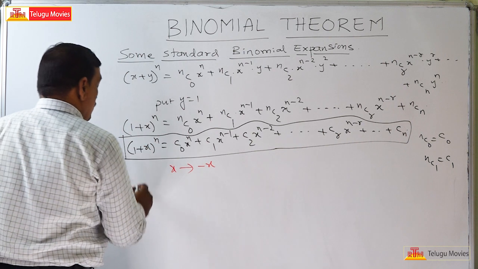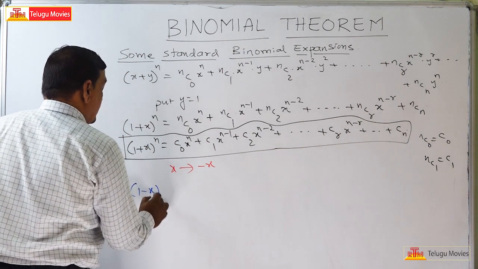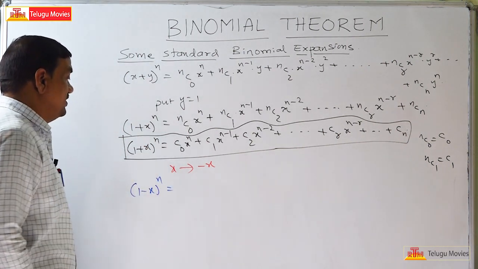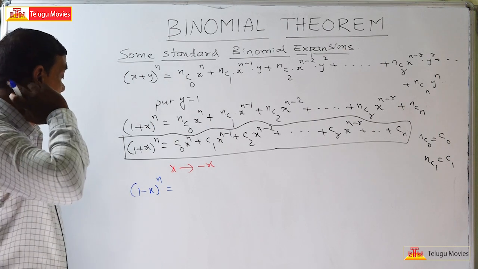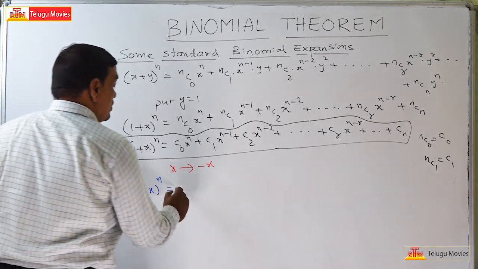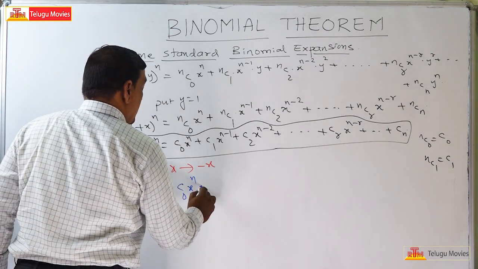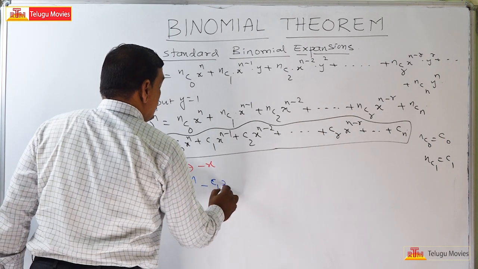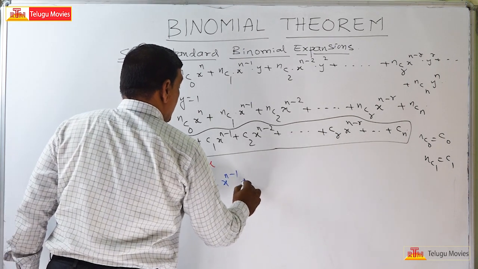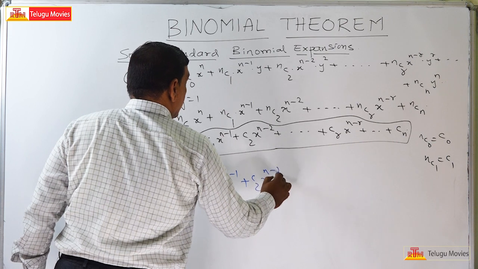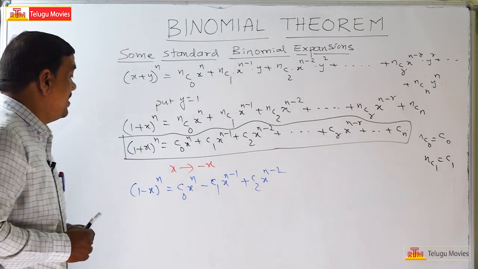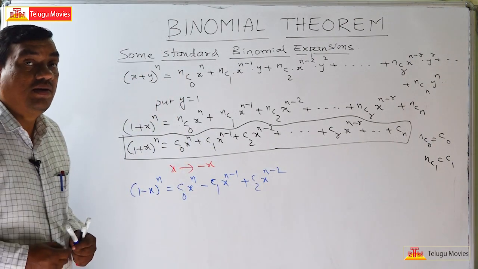So (1 - x)^n expansion is given by C0 x^n minus C1 x^(n-1) plus C2 x^(n-2), because wherever x is there, I replace it with minus x.